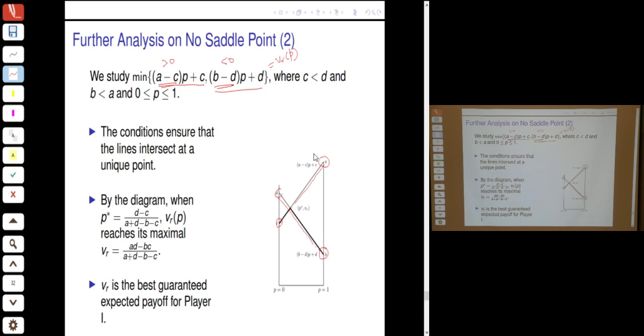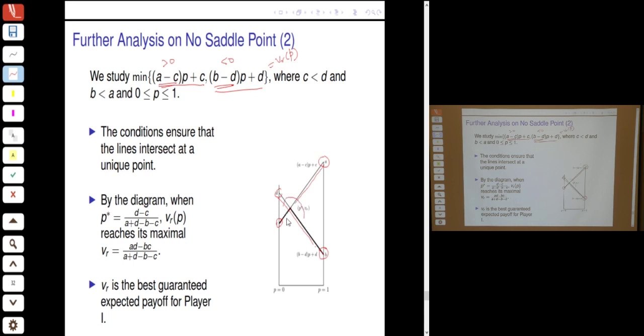For P equal to 0, the decreasing line starts above the increasing straight line, and by the time P has increased to 1, the increasing line, the positive slope line, has beaten the negative slope line, the decreasing straight line, and has ended up above it. So these are continuous curves, and if they switch their order, then in the middle they must intersect.